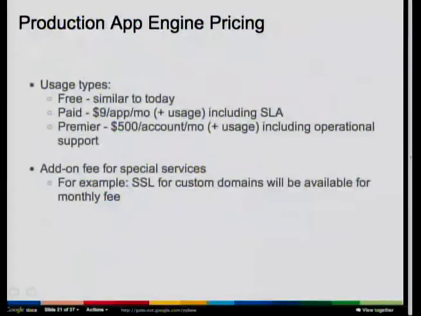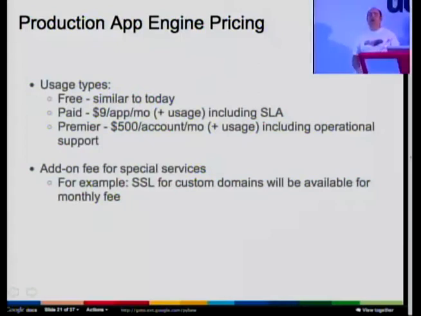Okay, I'll just jump ahead here. So what does the production App Engine offer? Well, the pricing is a little bit different. There still is a free usage model where anyone can start and work with App Engine without having to pay anything. This is good for prototyping, good for startups who just want to get familiar with the technology, or even students if they want to try it out. But what we are offering is two paid models. One is not very expensive.